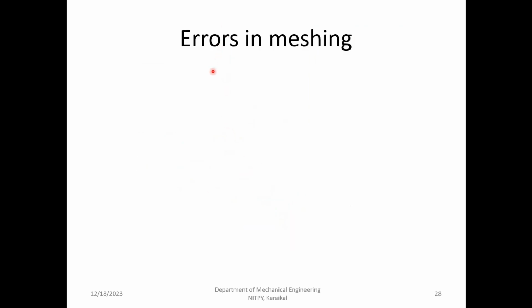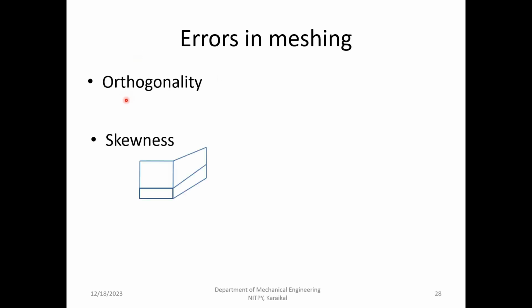So, errors in meshing, common errors. Orthogonality, skewness. Orthogonality is going to be at 90 degrees. Skewness is the line connecting the cell centers, how much it deviates from the main flow.